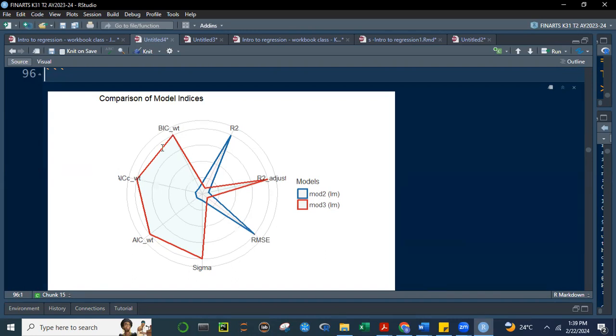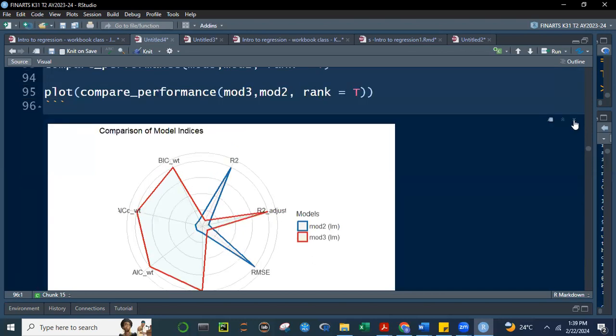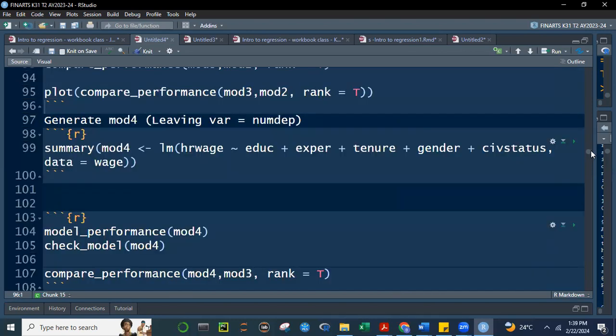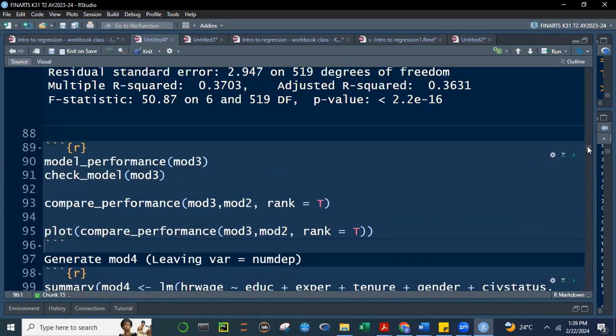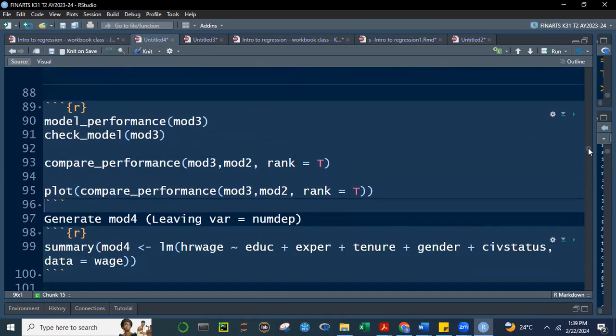In terms of BIC, AIC, sigma, mas maganda si model number 3. In terms of Ramsey, mas maganda si model number 3, but in terms of R squared, mas maganda si model number 2. So graphically, makikita nyo class which of the models is better. No? Okay, but of course, we said that we have model number 3 na tayo, no?